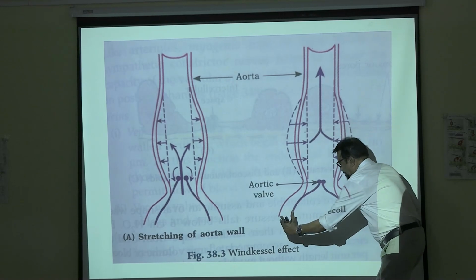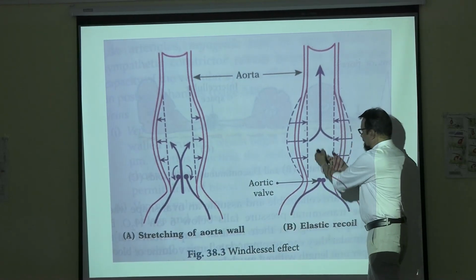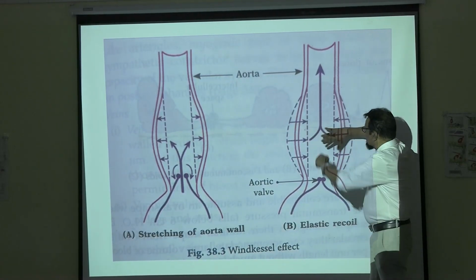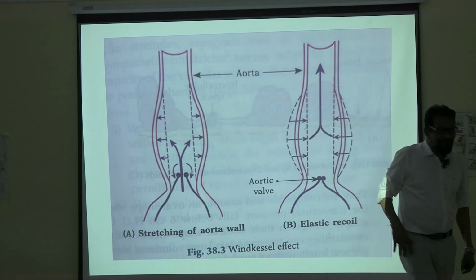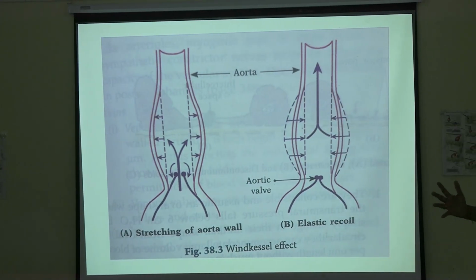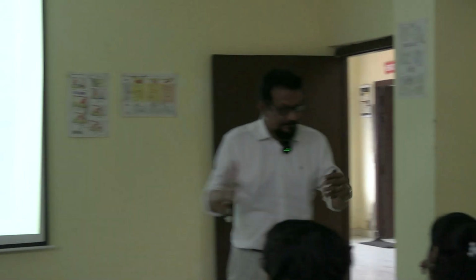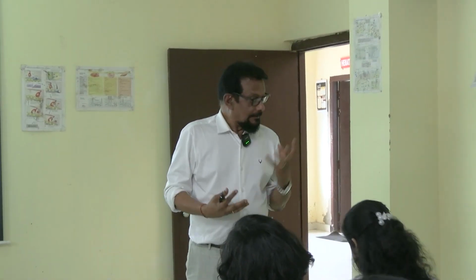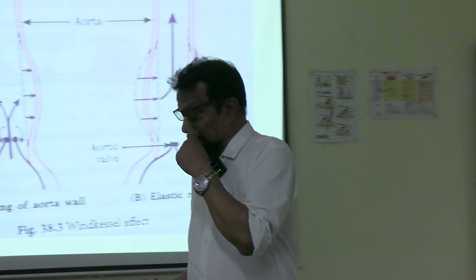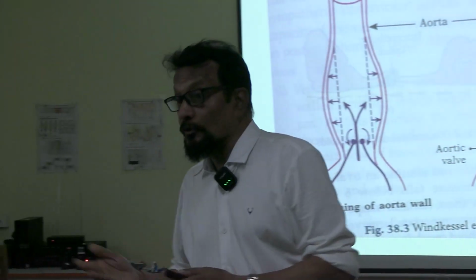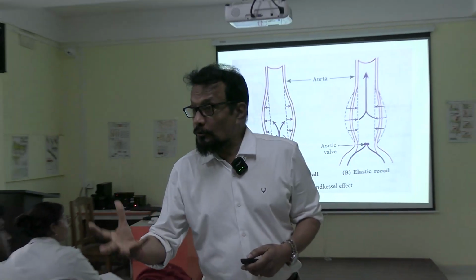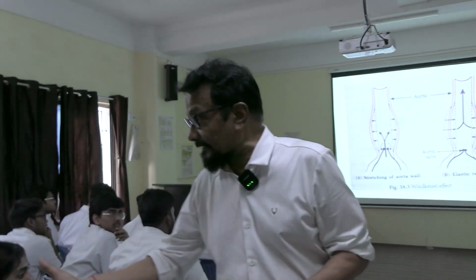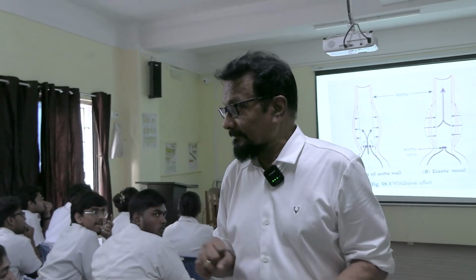The ventricle contracted, blood entered. Since its wall is elastic in nature, it will be expanding. It has expanded, it has accumulated all the stroke volume. Stroke volume is the amount of blood ejected by each ventricle during each contraction.